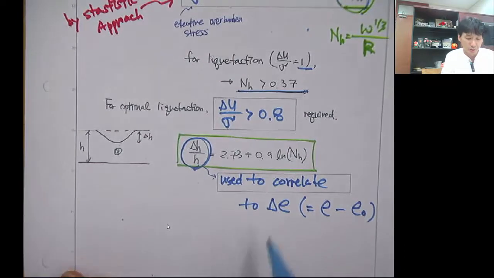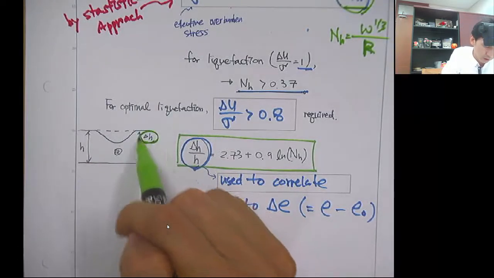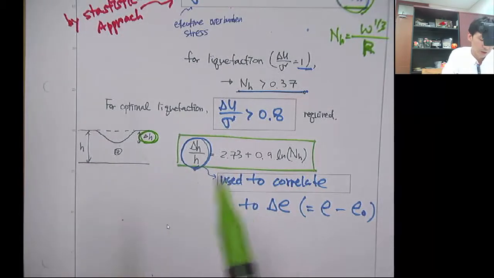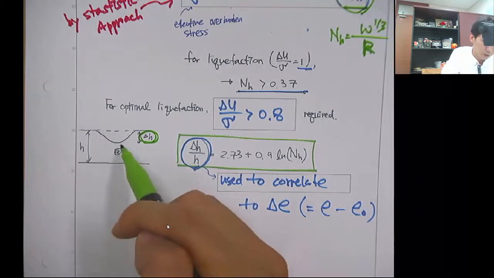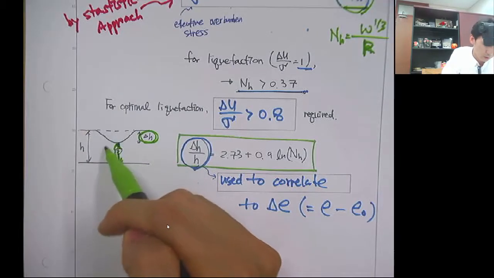So this is similar to when we use the void ratio for settlement calculation. So if we consider this delta H as a settlement, then we can also estimate the void ratio change in this compacted fill.